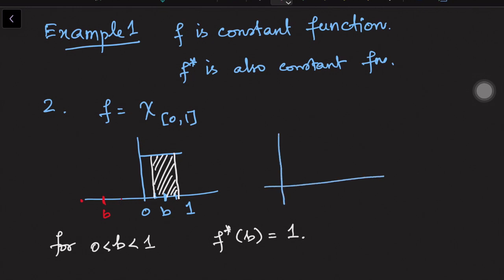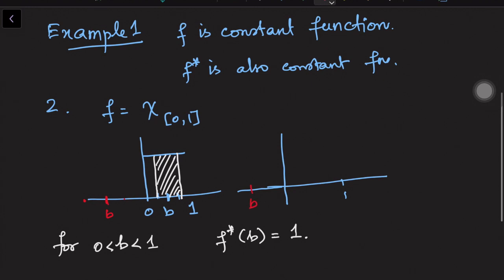For the case where my b is here, if I consider b plus t and b minus t, then for the same function, this time we will get this length, this area.